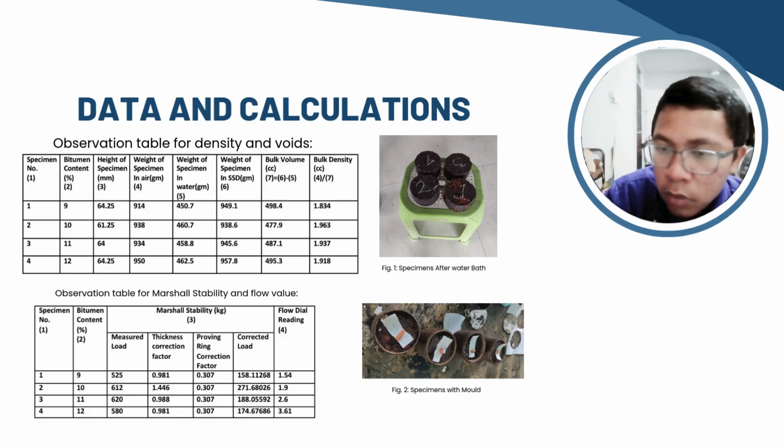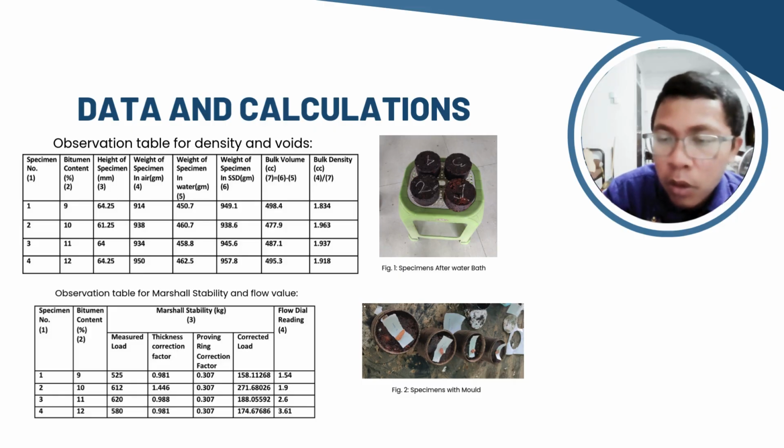Figure 2 shows what appear to be cylindrical bituminous specimens contained within molds, suggesting a stage in the Marshall stability test procedure where specimens are prepared or have been tested within these molds.